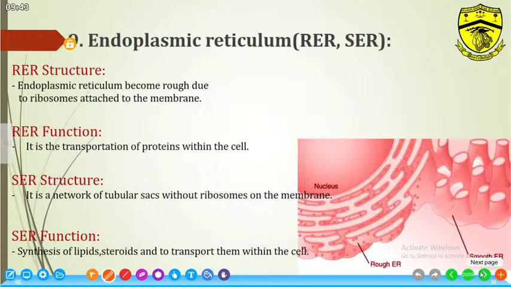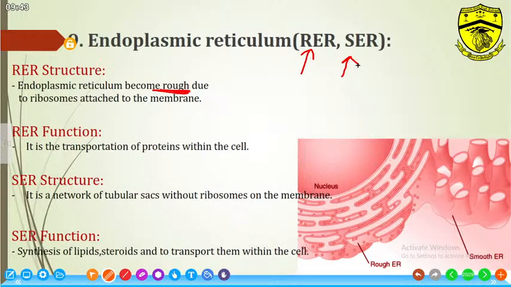The rough endoplasmic reticulum has ribosomes on it, while without ribosomes we call it SER, smooth endoplasmic reticulum.